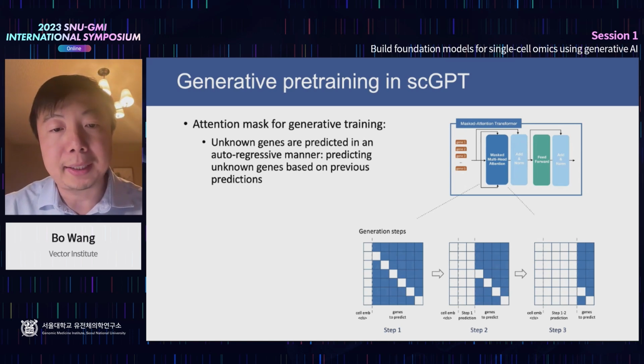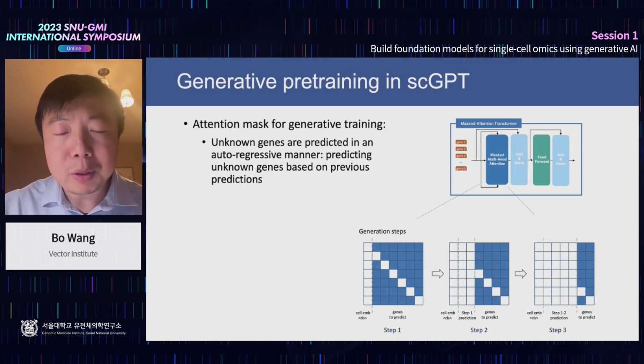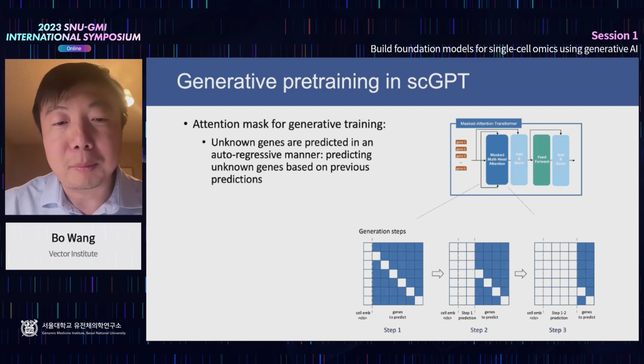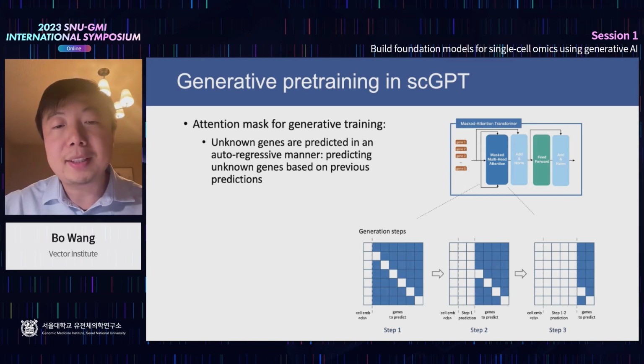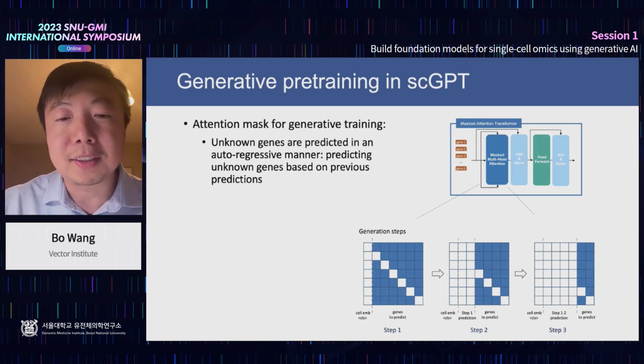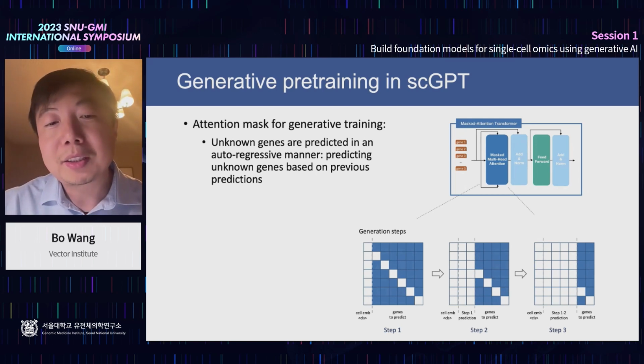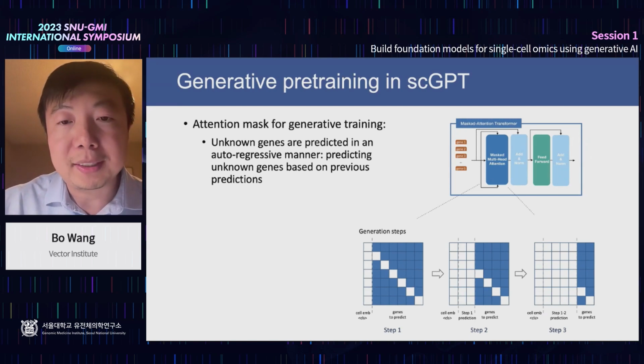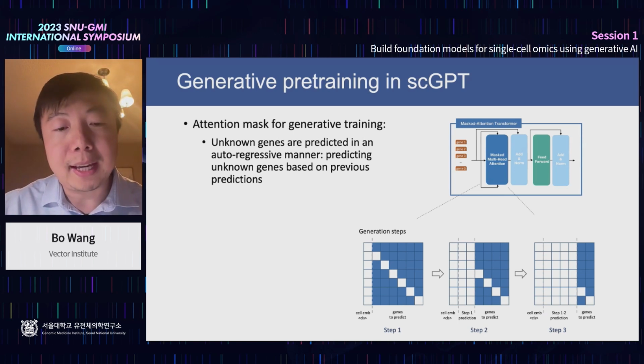for masked multi-head attention. However, in languages, the order of words matters. For example, I like coffee is different from coffee like I, right? The order matters a lot to understand languages. However, the order of genes does not matter that much in single cells. So in order to adapt this autoregressive training to scGPT, the innovation we made is that we use this cell embedding CLS token in the attention modules, and we simply rank the genes based on the attention values to this particular cell.